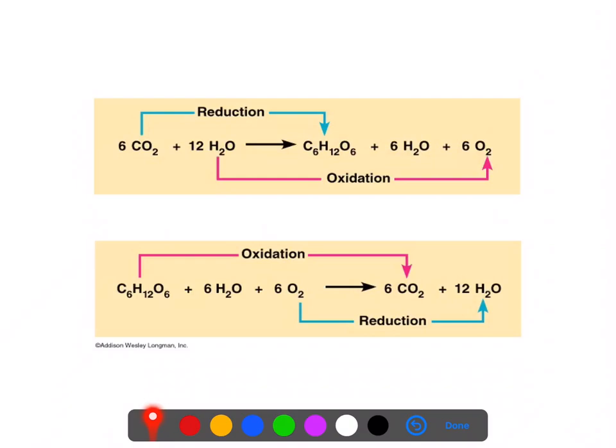So, is this reaction a reaction that requires energy, or is this a reaction that frees up energy, gives away energy? In other words, my question is, is this reaction endergonic, needing energy, or exergonic, giving away energy?